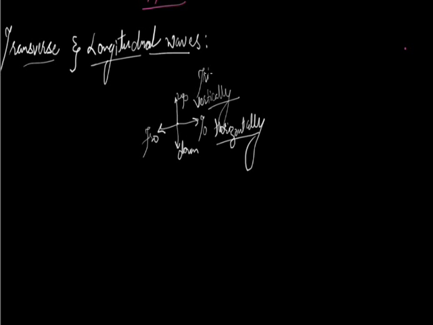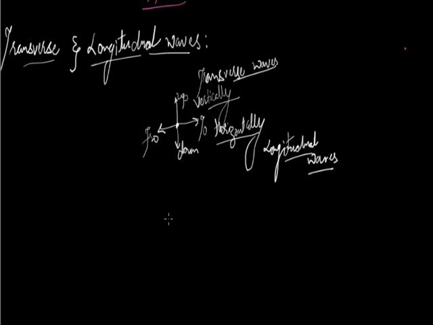And when the particle is horizontally vibrating from its mean position, the waveform formed is known as longitudinal waves. So this is the clear-cut difference between the longitudinal and transverse waves.